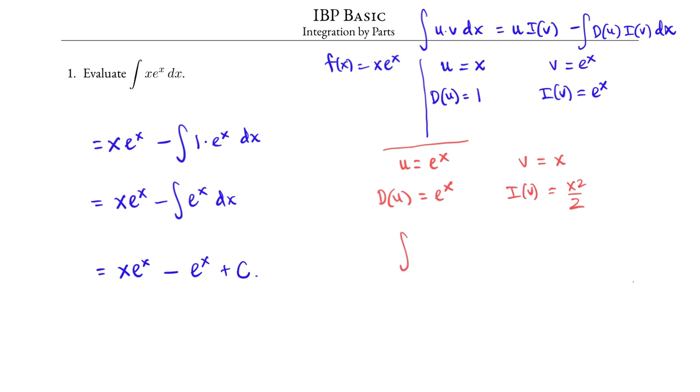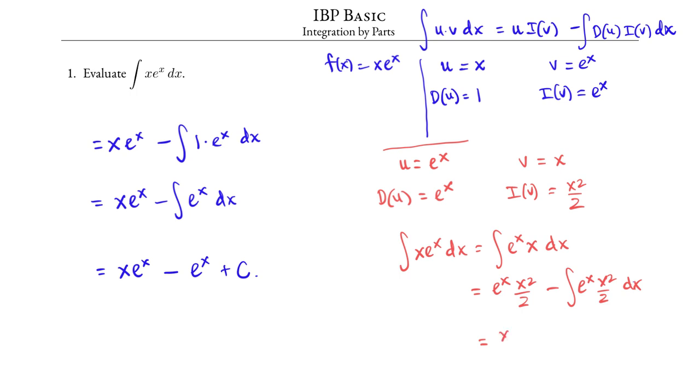Then the integral of x e to the x dx, or the integral of e to the x times x dx, is u, which is now e to the x, times an antiderivative of v, which is x squared over 2, minus the integral of the derivative of u, which is now e to the x, times an antiderivative of v, which is now x squared over 2 dx.